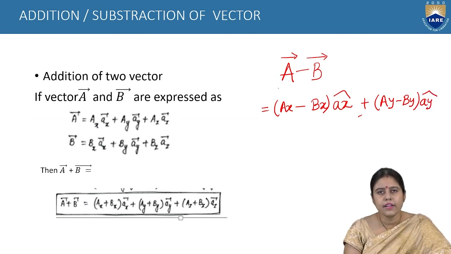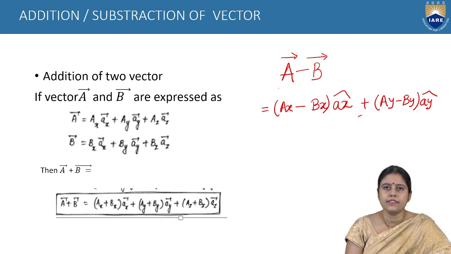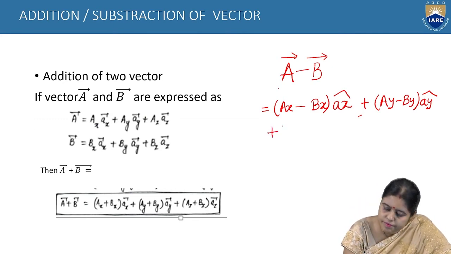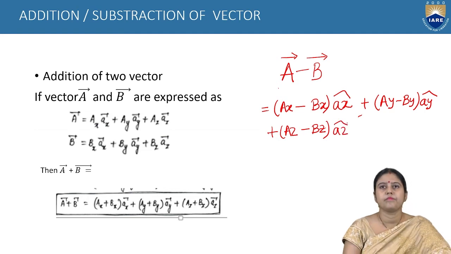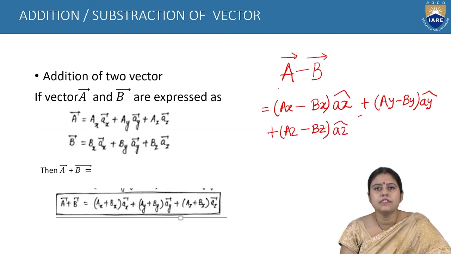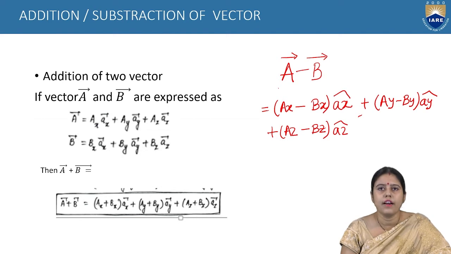Then AY minus BY, along the y-axis. And Z will be AZ minus BZ. So these are the normal addition and subtraction using the unit vector.